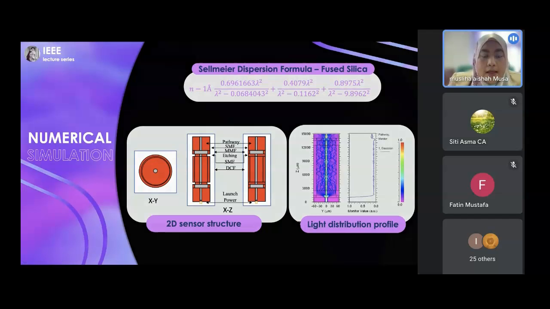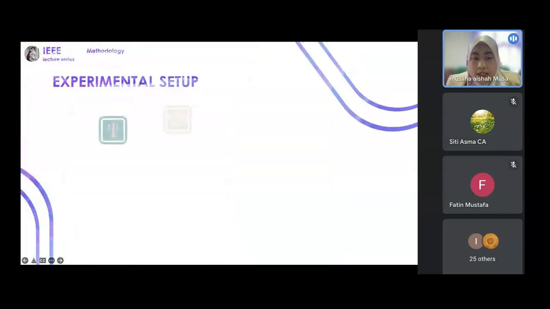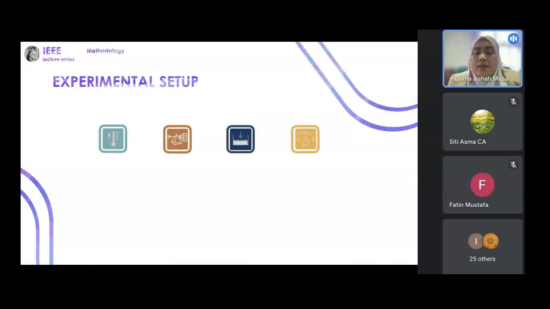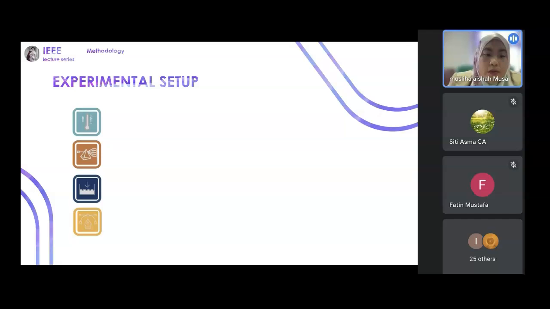So, okay, next we move to the methodology, the experimental setup, which contains temperature, refractive index, water level, and also curvature.